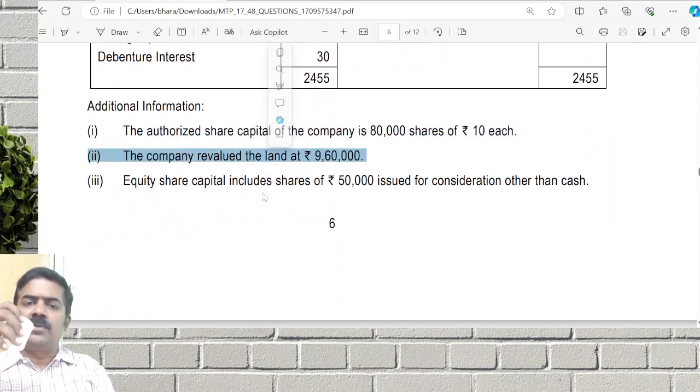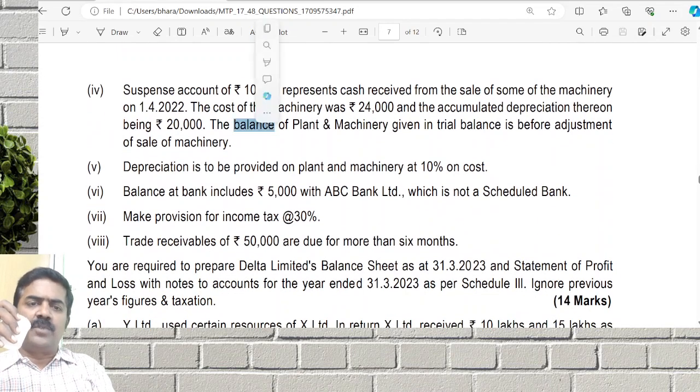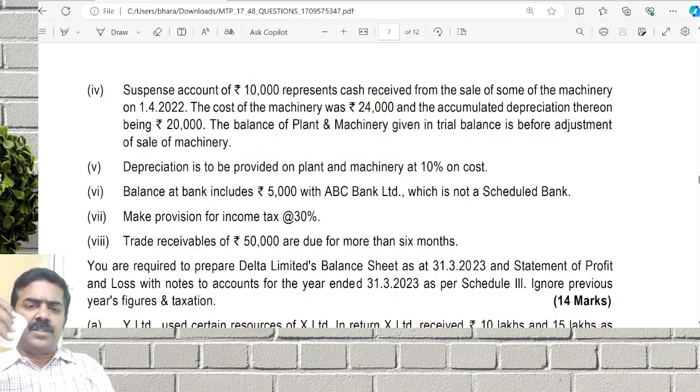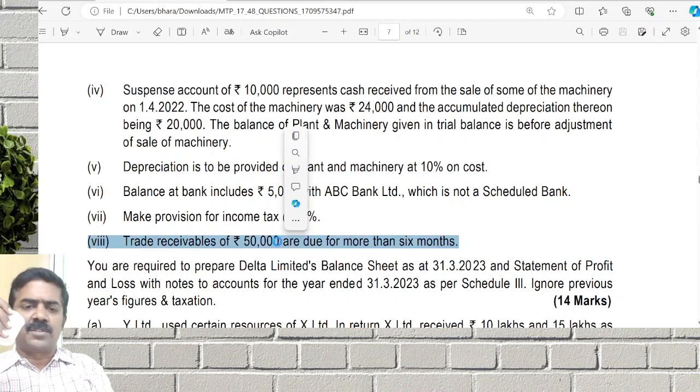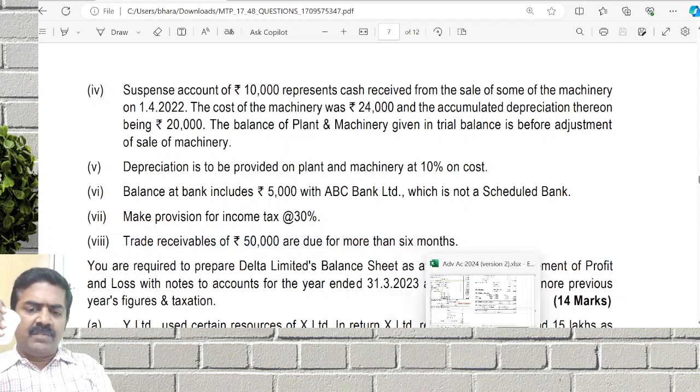Revaluation transfer to revaluation reserve. Capital for other than cash is nothing but notes to accounts. Suspense account, we have to see the plant and machinery profit or loss and all. Depreciation 10% on cost. Bank balance is the notes to accounts. Provision for tax will come in P&L account. Trade receivables due for more than 6 months, that is also notes to accounts.